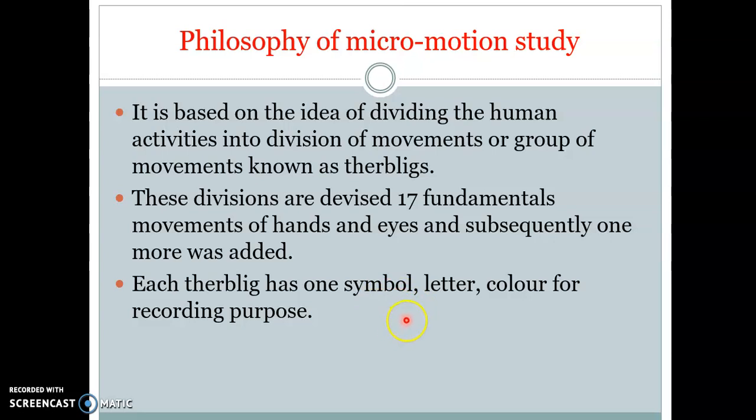For example, the therblig grasp has a symbol, red color, and is denoted by the letter G. Similarly, a SIMO chart employs therbligs which are of microscopic nature, whereas a process chart uses symbols like operation, inspection, transportation, storage, etc.